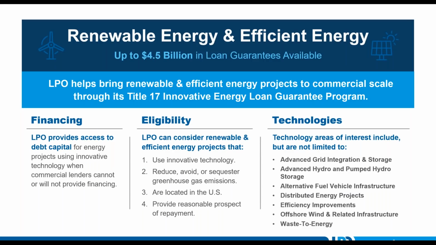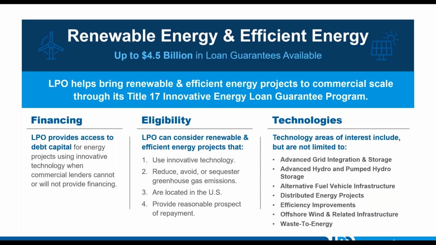And some of this I've already covered, but again, on the renewable energy and efficient energy program, the requirement is using innovative technologies. Those technologies must somehow result in reduced greenhouse gas emissions.